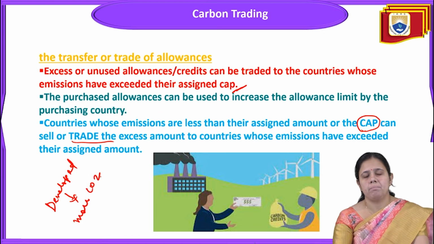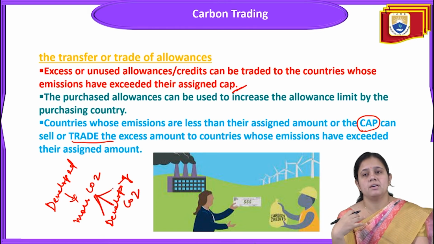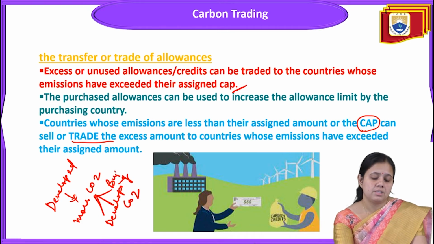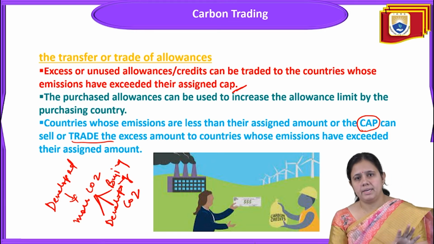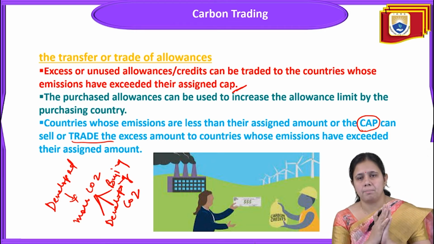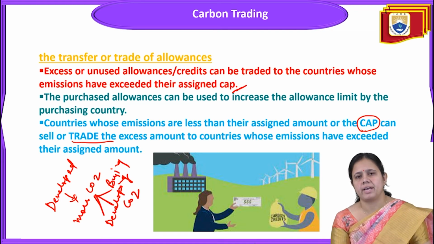So they can buy the limits from developing nations. A developing nation is allowed up to some limit, so they can do the emission of carbon dioxide. So they are buying from these countries, and developing nations will have some amount, so they can use their assigned amount of carbon dioxide emission.